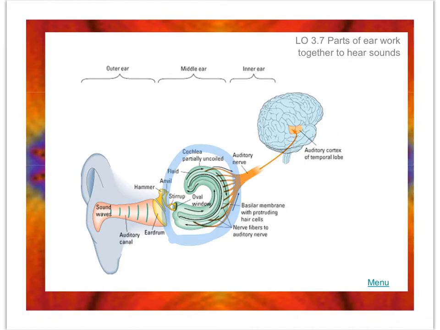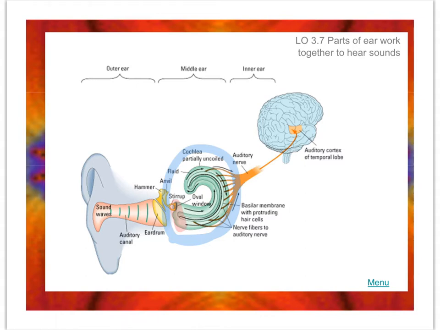So your cochlea is filled with different types of fluid. And also in your cochlea, you have that basilar membrane. The basilar membrane is interesting because the first part that would start vibrating after the oval window starts vibrating is the area of the basilar membrane that responds best to the lowest sounds.